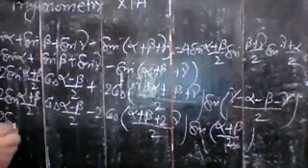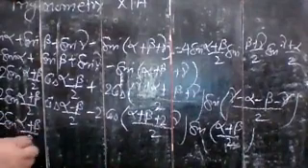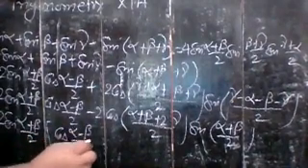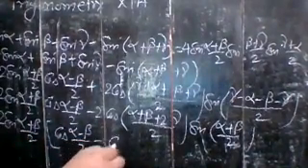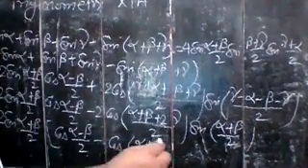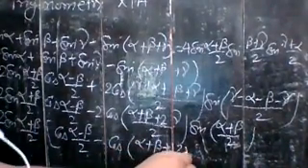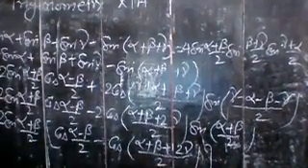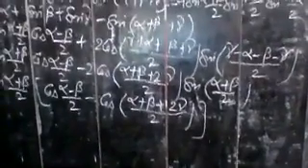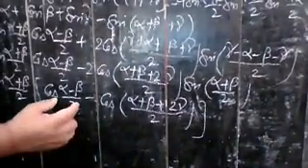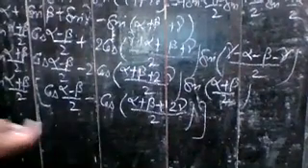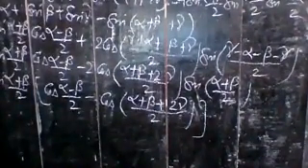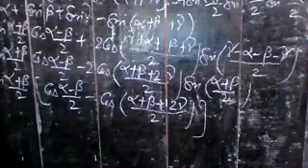So 2 sine alpha plus beta by 2, which is common. Here you have cos alpha minus beta by 2 minus cos of alpha plus beta plus 2 gamma divided by 2. Understand? Now here you apply the formula of cos x minus cos y, which is minus 2 sine x plus y by 2 sine x minus y by 2.